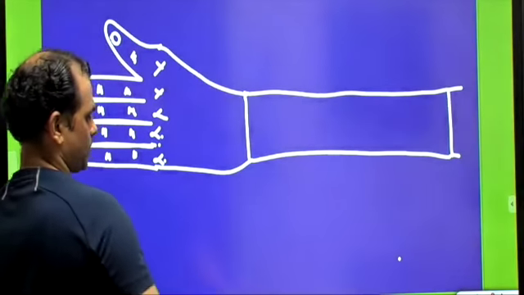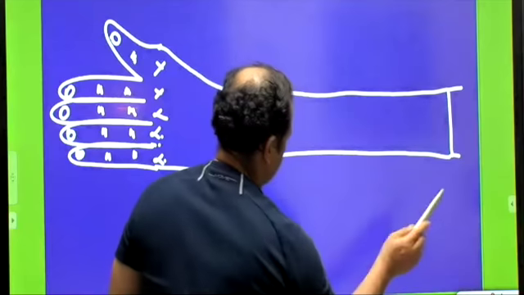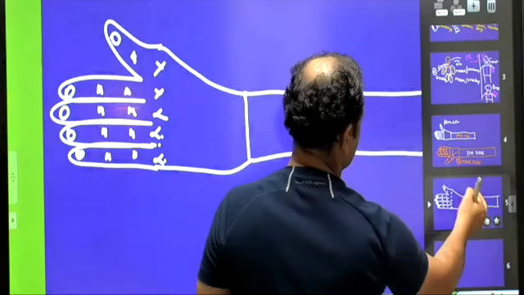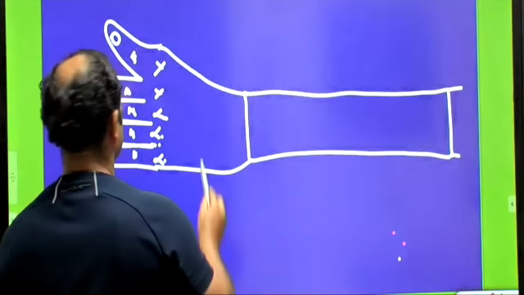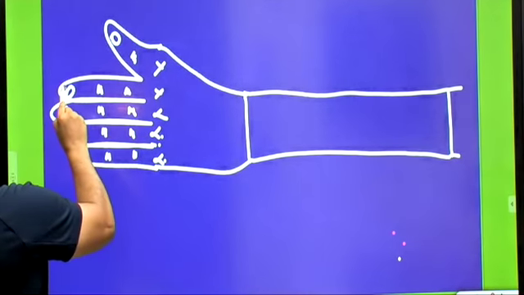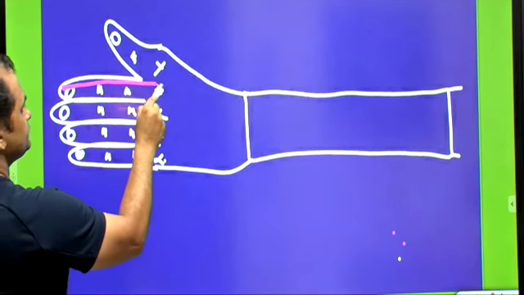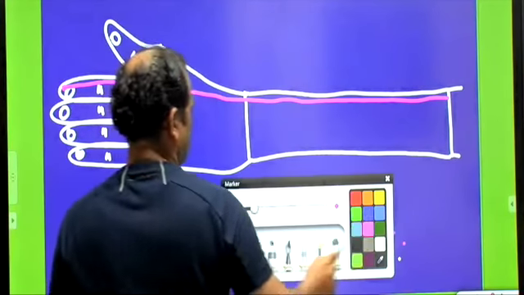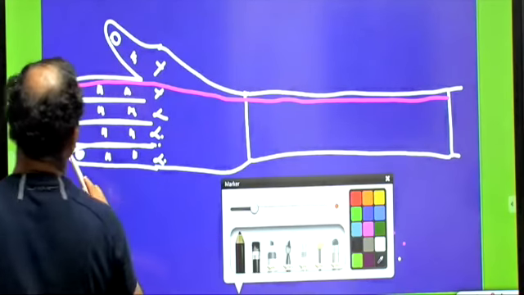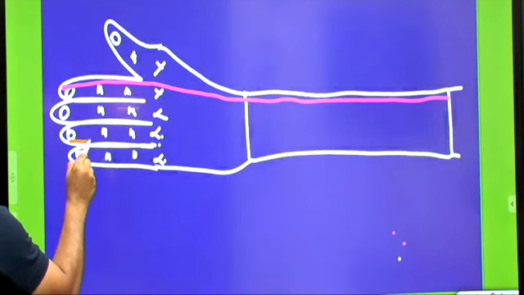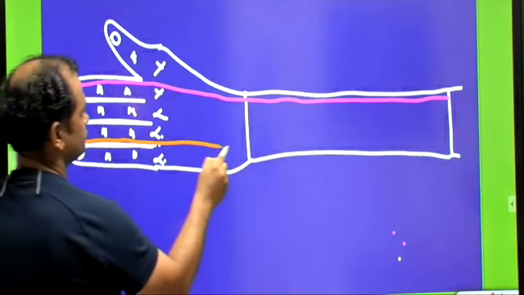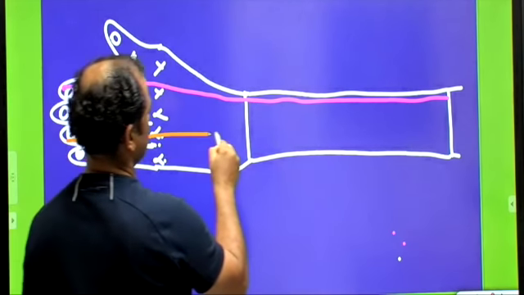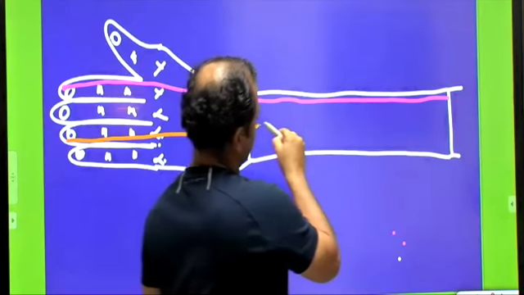Now, we have three wires on the dorsal side. The wire number 1 is starting from the index finger. The wire number 2 is starting from the ring finger, and this is going just from the central part.